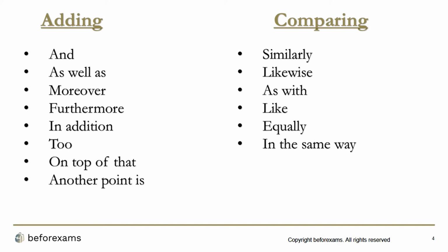This will really help you a lot to use the connectors, and it will be very fruitful for you to fetch maximum bands out of your speaking. Not only speaking, it will also help you fetch maximum bands in your writing section, because in the writing section also you have to use complex sentences and combine your thoughts. That is what you can do by using these connectors.